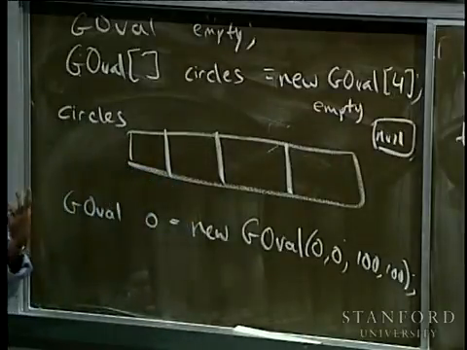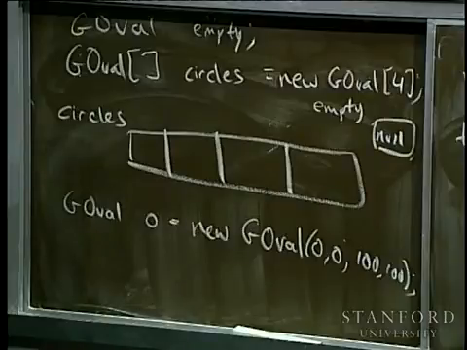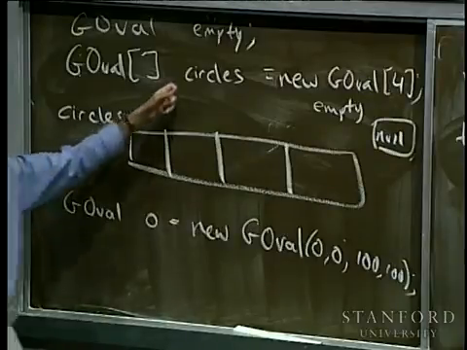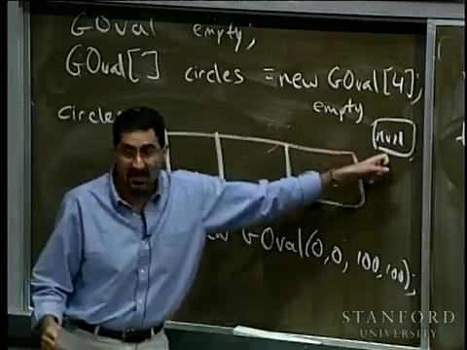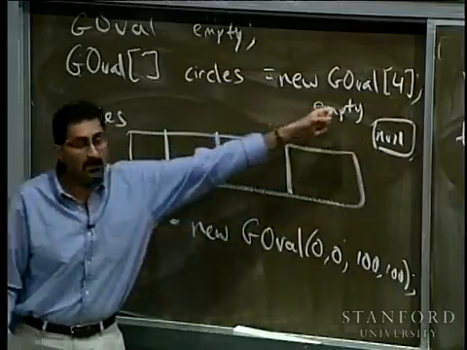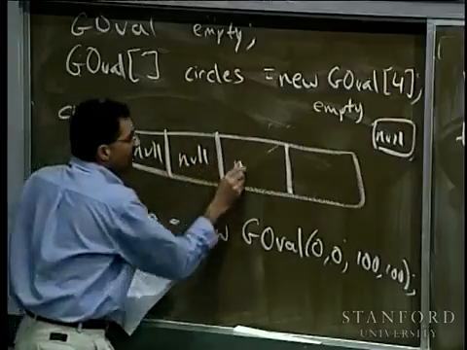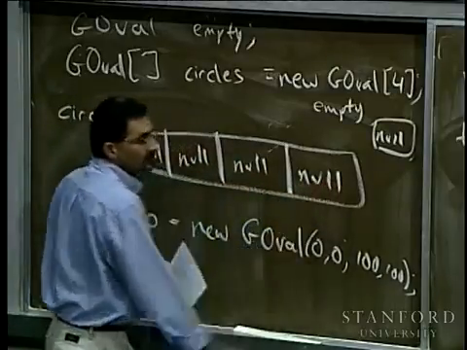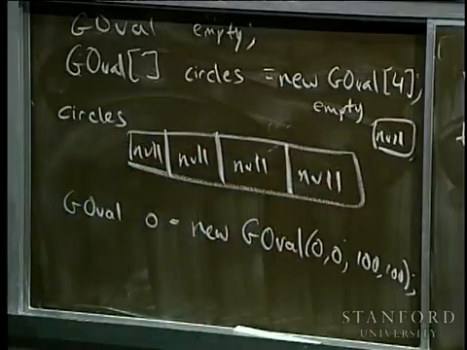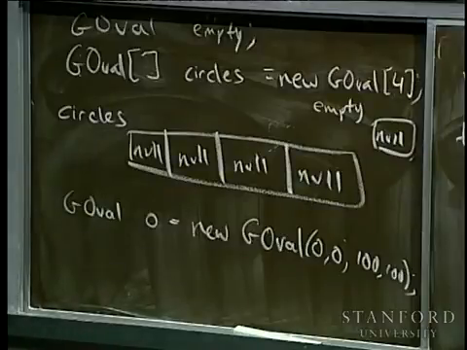Right? There's no actual GOval there. I just say, hey, get me the box that's going to store a GOval in it, but I'm not actually putting any GOval in it yet. So when I do this declaration, I'm essentially doing the same thing as this, except rather than getting 1 box, I'm getting 4 boxes. So each one of these boxes to begin with has a null in it. Okay? So I have space to store 4 GOvals, but I have not yet constructed the GOvals.